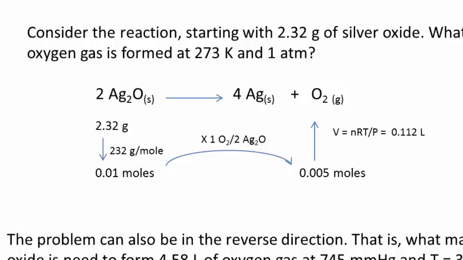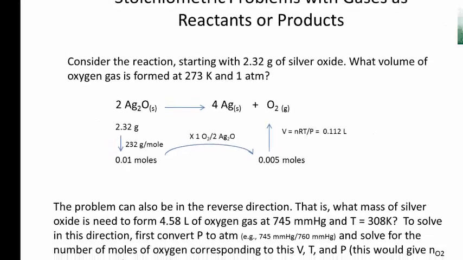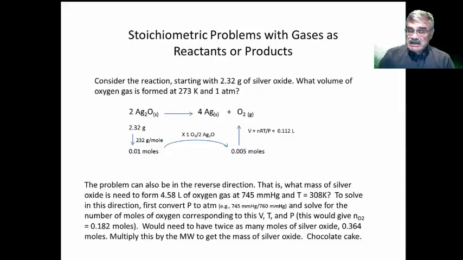Let's see, how would we do this problem? Recalling our stoichiometric problem-solving skills, we set it up in the following way. We start with the mass of the reactant silver oxide. Okay, the first thing we always do is we convert it to moles by dividing by the molecular weight of 232 grams per mole. Oh, nice numbers.